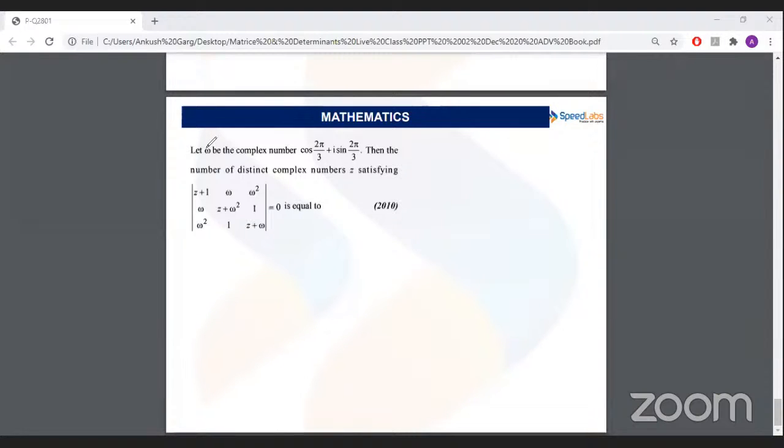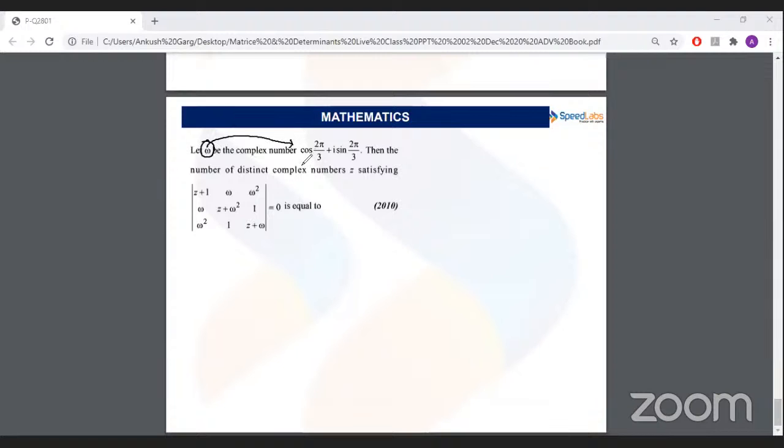So you guys remember this thing. Many times in questions you get confused. If omega is given to you, you should not assume on your own that it is a cube root of unity. It will be given every time in JEE. Every single time they will mention if omega is a cube root of unity or not. Like the questions we saw, there it was directly written if omega is a cube root of unity.